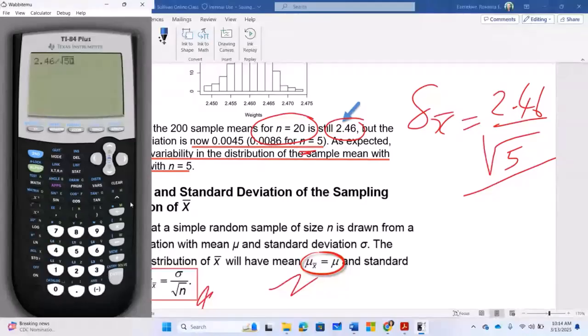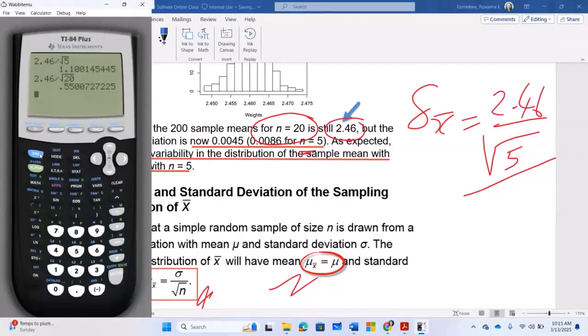And then I have, okay, that's it. And then I'm going to bring it down, second enter, and divide by square root of 20. So the important thing is that the larger the sample size, the smaller the standard error. I'm going to divide by 200 also.